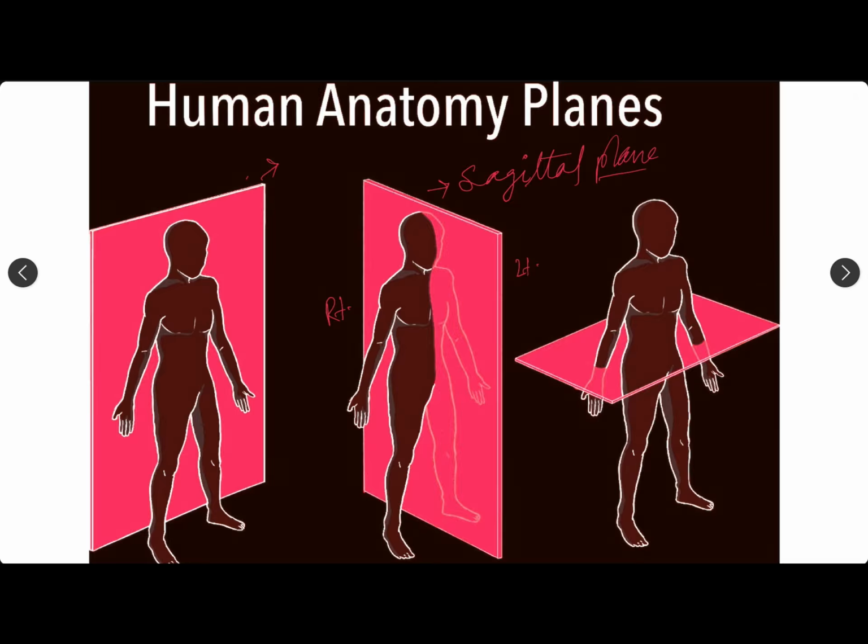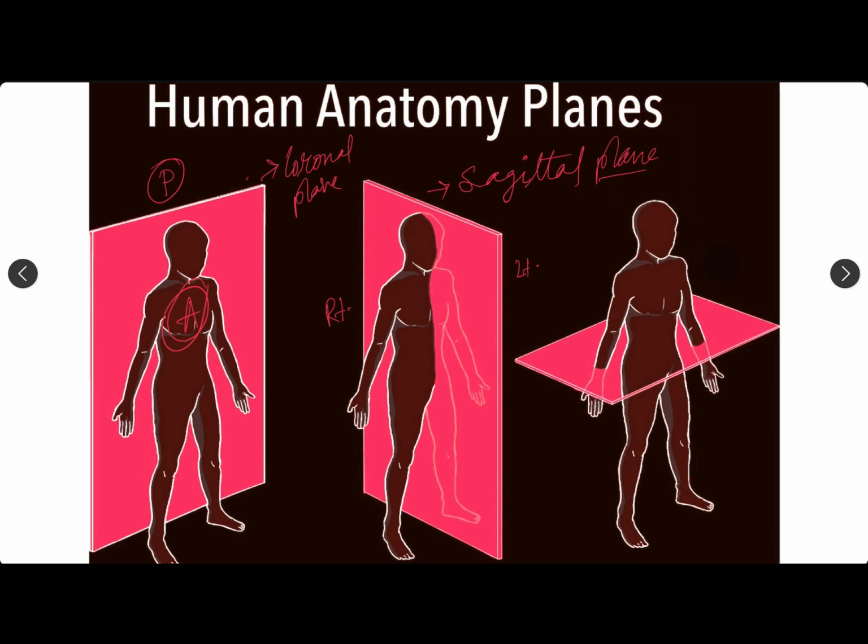This is the coronal plane which divides the body into anterior and the posterior, and this is the transverse plane, which divides the body into upper half and the lower half.